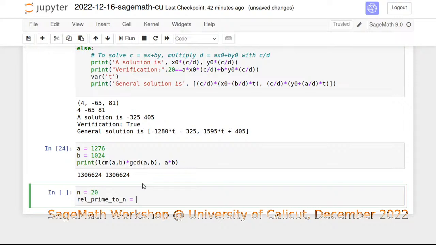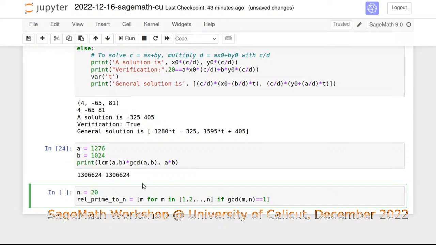The set is nothing but m for m in the range 1, 2, etc., n if GCD of m, n equal to 1.